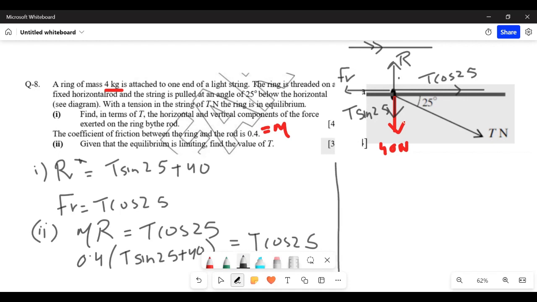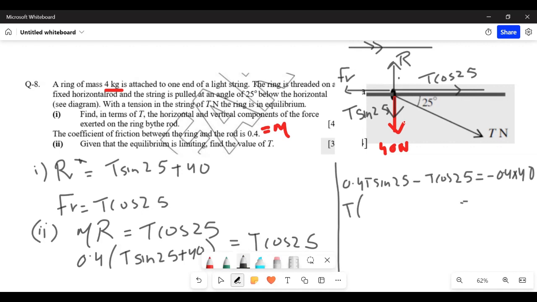Now we're going to move the T terms to the same side so that we can take T common. It's going to be 0.4 T sine 25 minus T cos 25 equals negative 0.4 into 40.